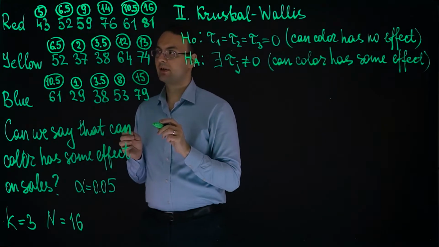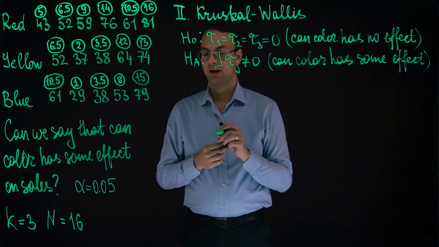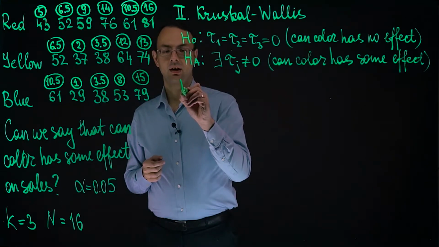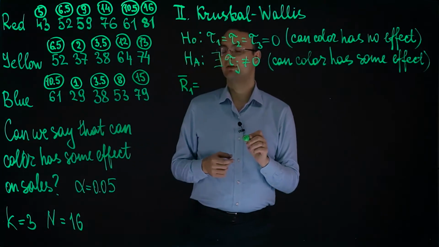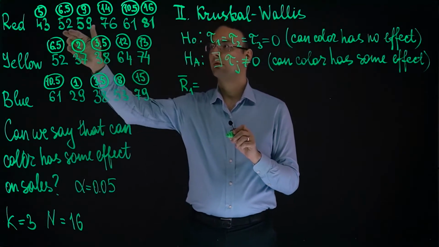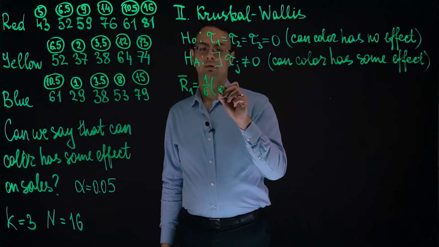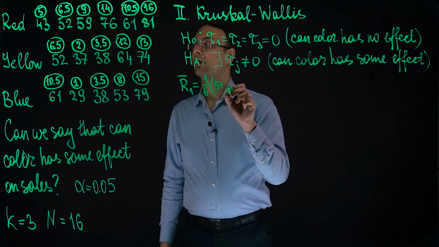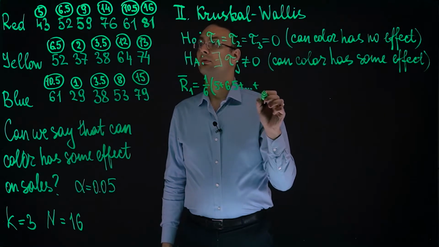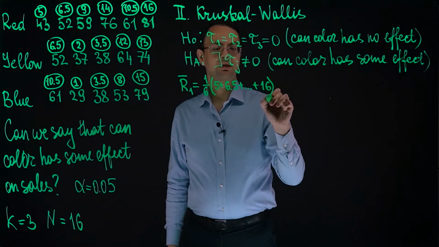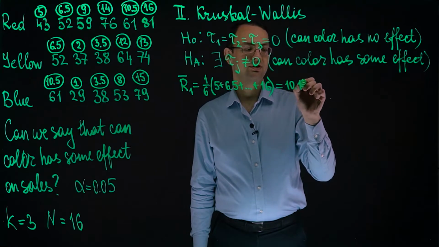Now we are to find the mean rank for each of the 3 samples we have. R bar 1 is the sample mean rank for the first sample. So 1/6 times 5 plus 6.5 up to 16, and it is 10.17.